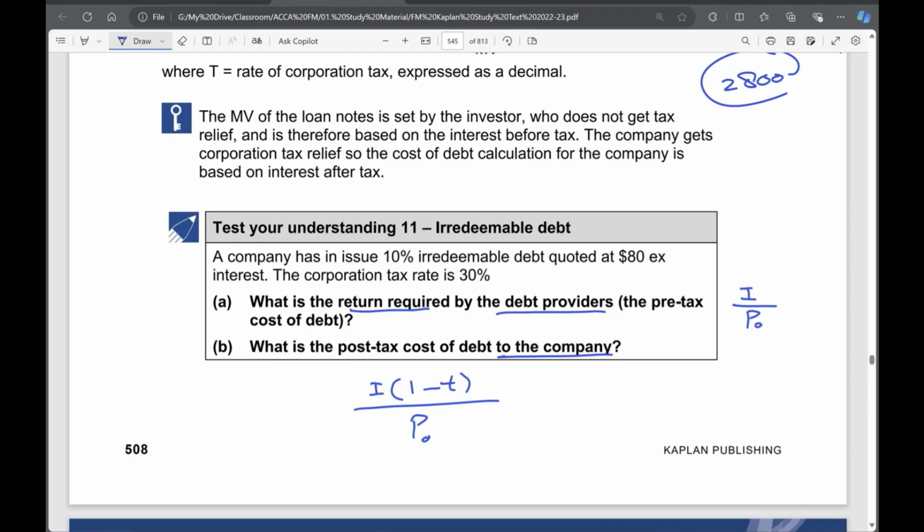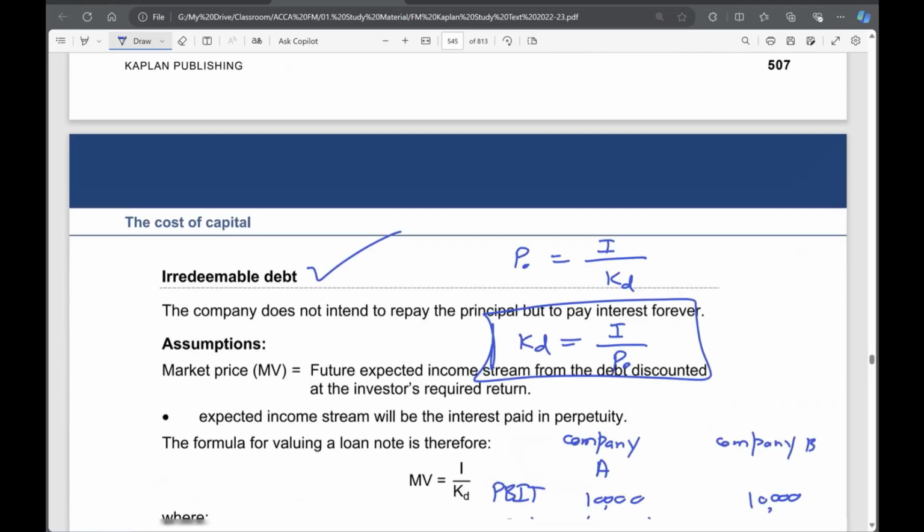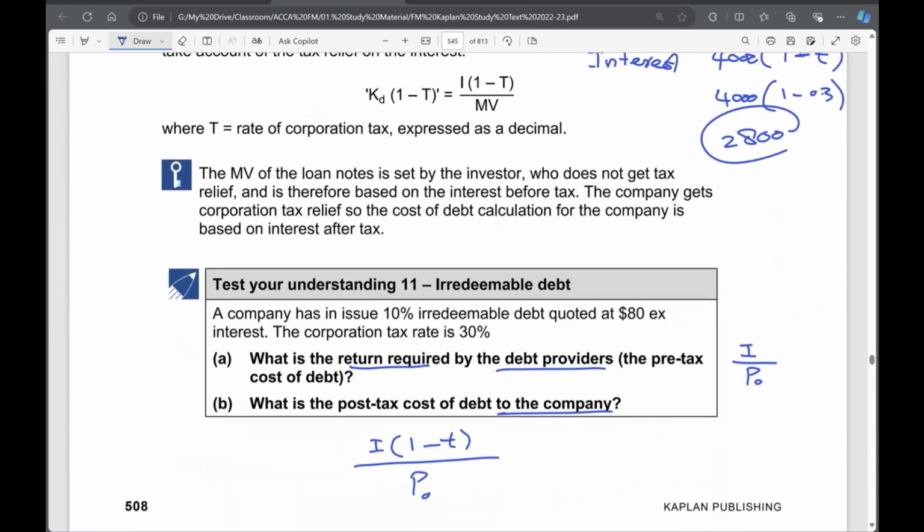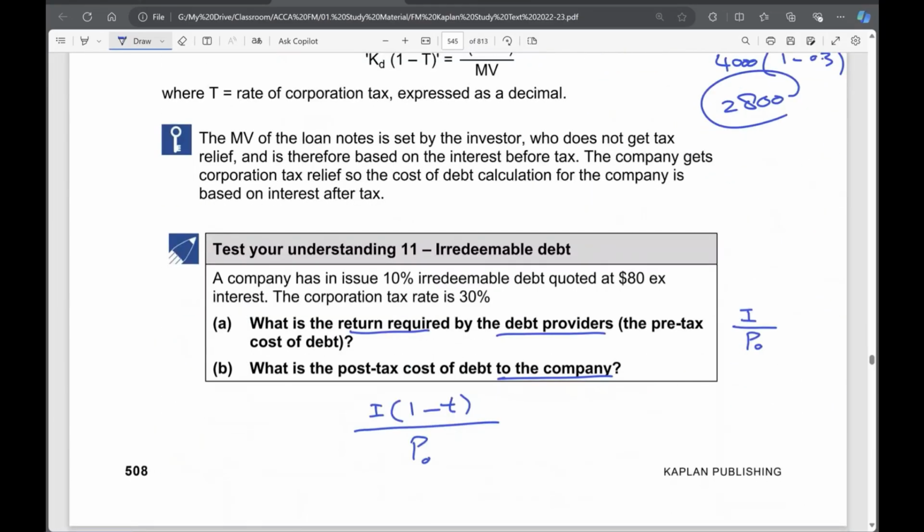Okay, so can we do it? And remember, once again, P0 stands for the ex-interest market value of the bond. He might give you the cum-interest market value, so use the same methodology we learned in the dividend valuation model. If he gives you the cum-interest market value of the bond, subtract the interest amount to find the ex-interest market value. So how do you find I?